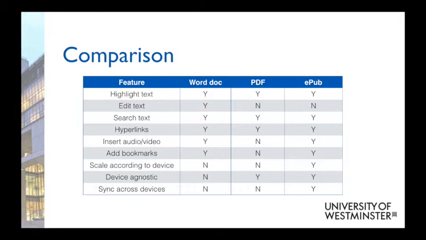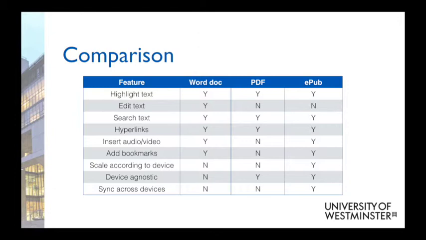All 3 documents include hyperlinks that can take you to websites or other parts of the document. You can only insert audio and/or video into a Word-based document or an EPUB document. You can only add bookmarks to a Word-based document and an EPUB document, not to a PDF.